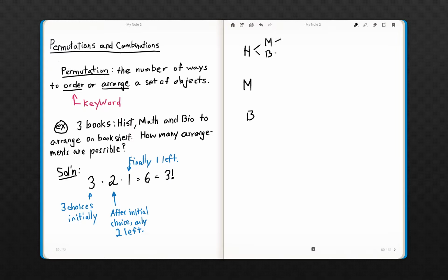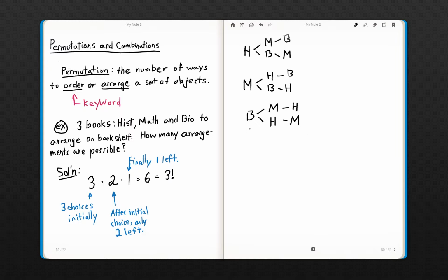Okay, then after that we only have biology or math book. Likewise, we would have the history book as a choice after the math book, or biology. And then we only have the biology or the history book left in these situations. And likewise here, math and history book, or the history and the math book. So here we've actually enumerated all 6 possible arrangements.